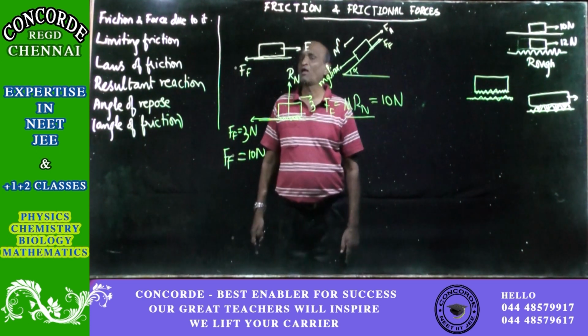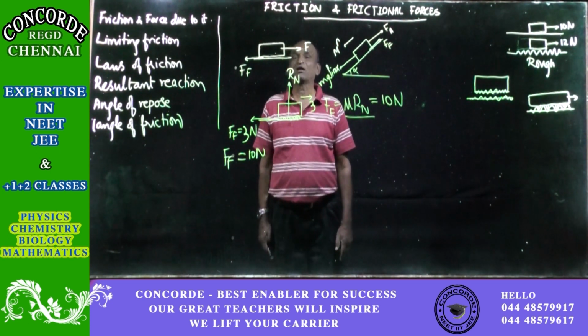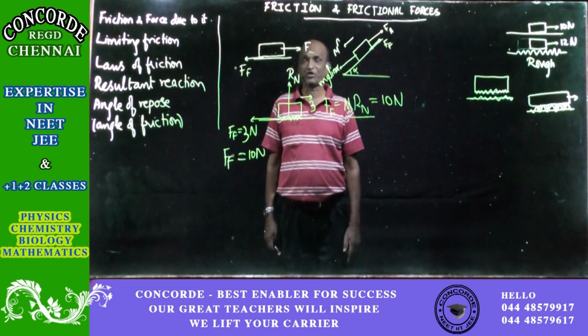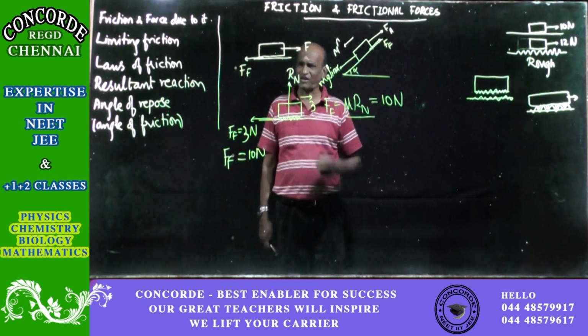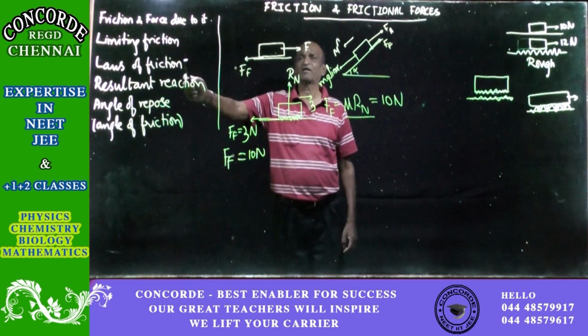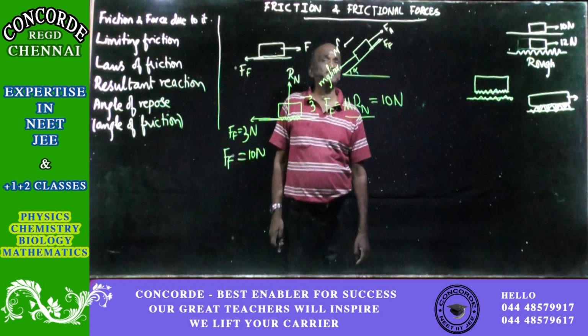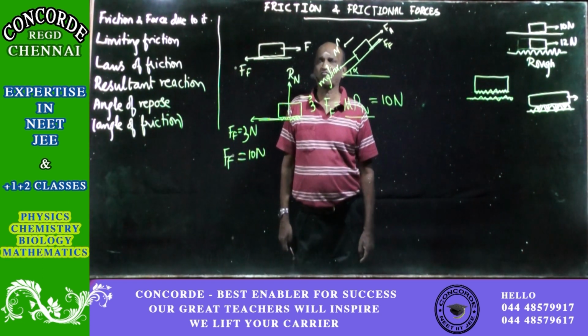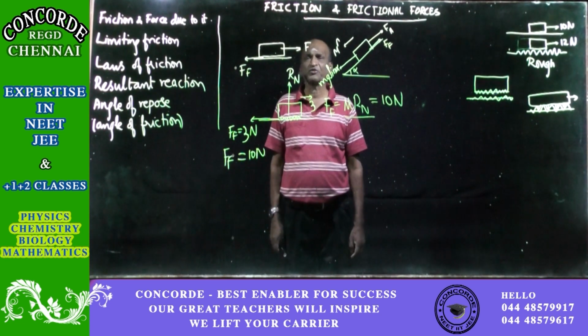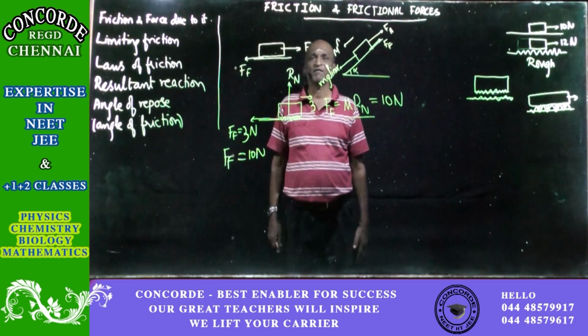So with whatever details I have given you, we now have to see the 2 different laws we have for friction. The first law of friction is the very definition of friction itself. The first law tells us that the frictional force always opposes the motion, or better put, the relative motion.